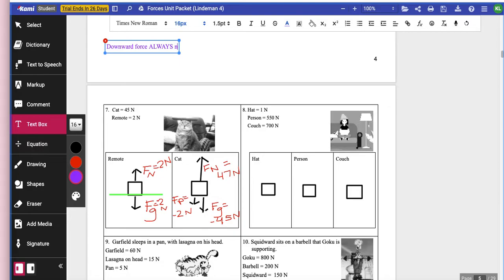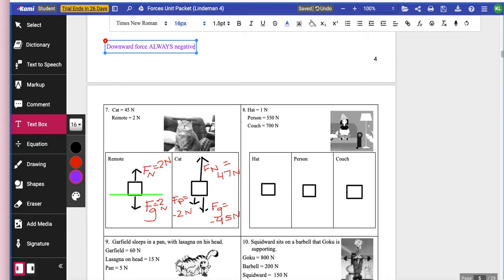If you have a left and a right force, if right is positive, left is negative. There are a couple of different ways that you decide which is negative and which is positive, but downward force is always, always, always negative.